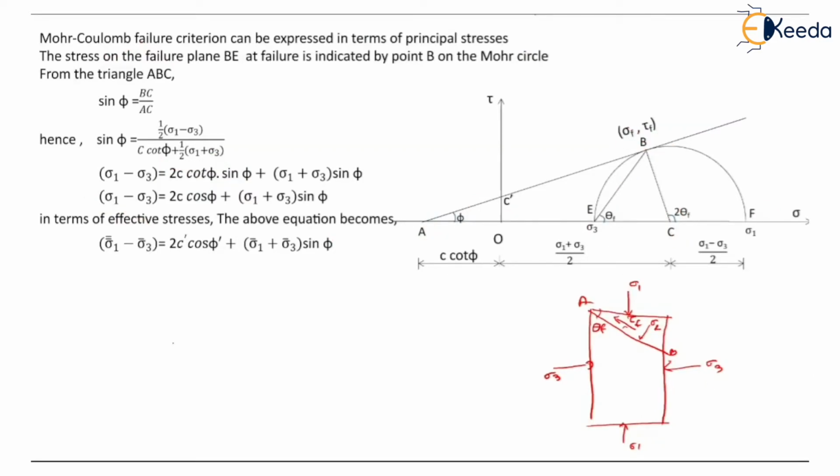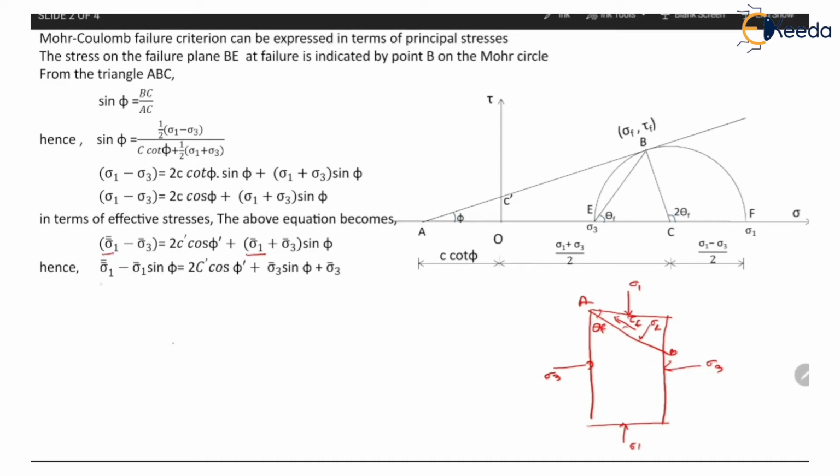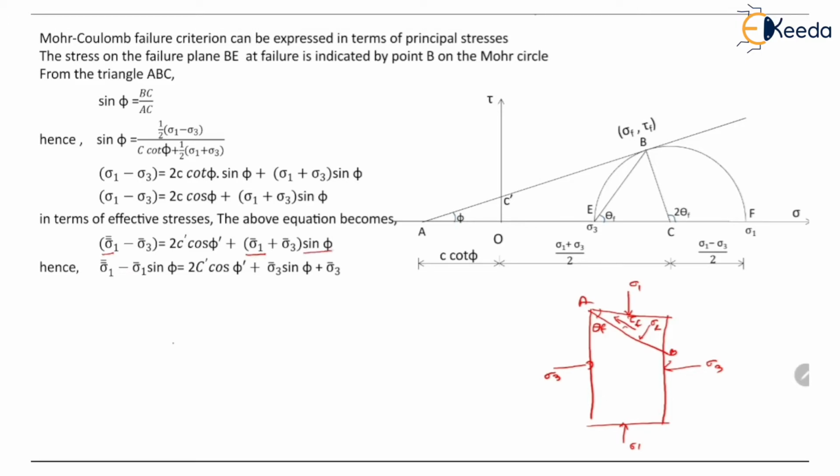So if we further simplify this equation, that means terms containing sigma 1 are taken on one side, then we will get sigma 1 bar minus sigma 1 bar into sin phi dash equal to 2c dash cos phi dash plus sigma 3 sin phi dash plus sigma 3.